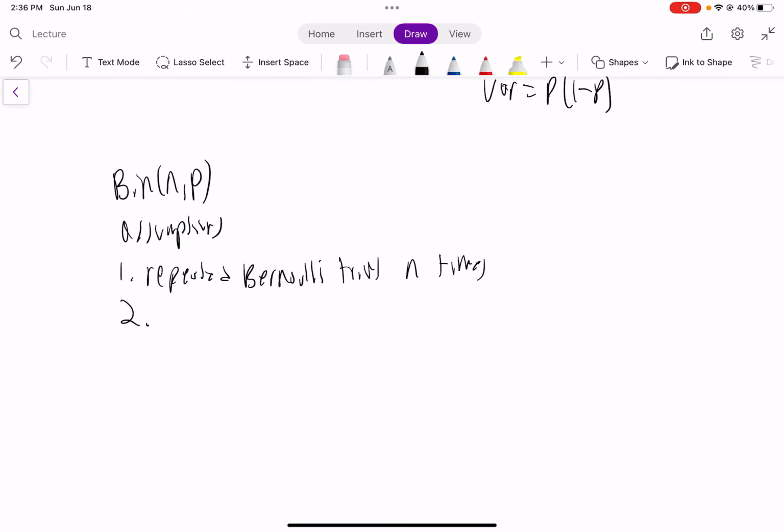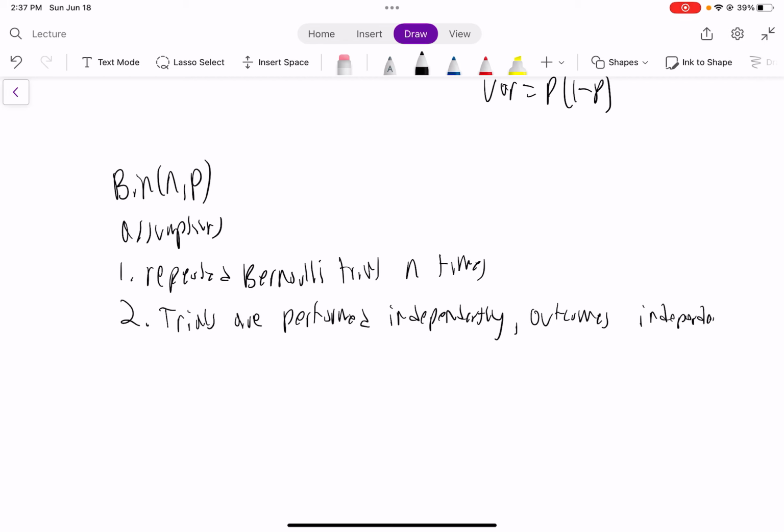And we are assuming the trials are performed independently, meaning the outcomes are independent. What this means is that one trial does not affect the other trial. So if we get a heads, that doesn't affect the probability of getting heads the next time, or the probability of getting tails the next time. It's all independent. Okay?